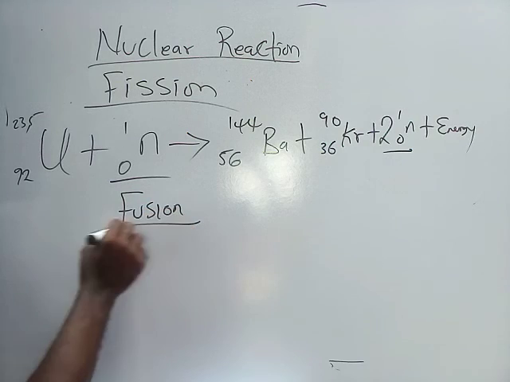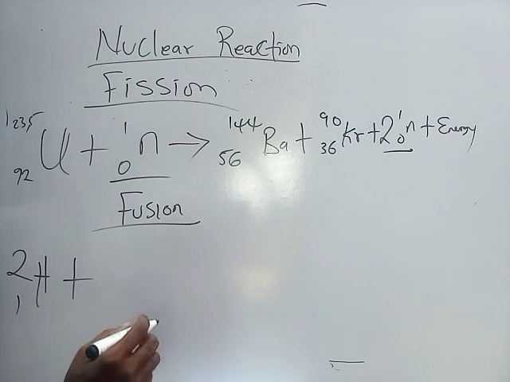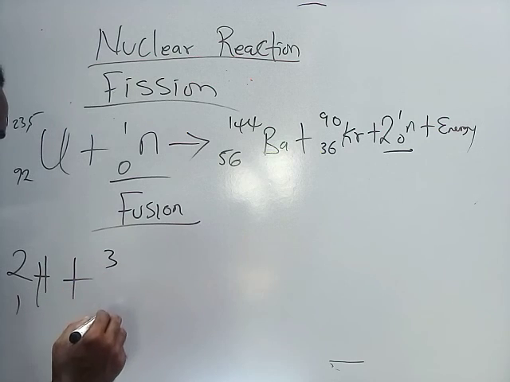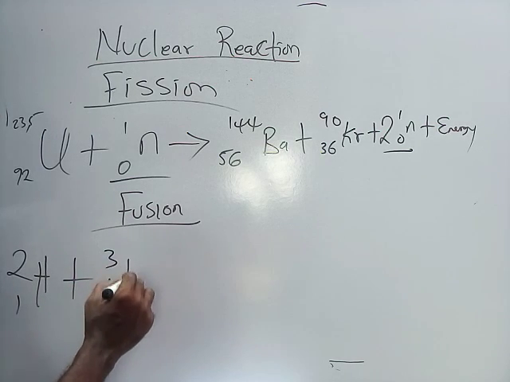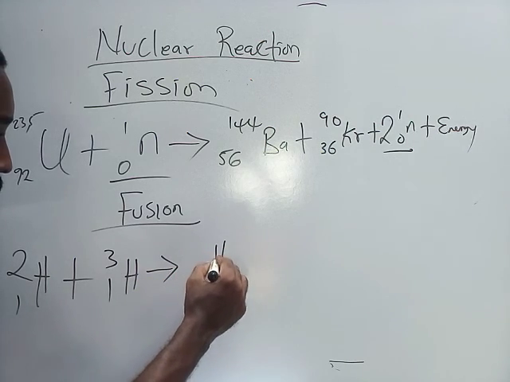In fusion, let's assume deuterium, which is an isotope of hydrogen, and tritium. These two isotopes of hydrogen meeting together give us helium.